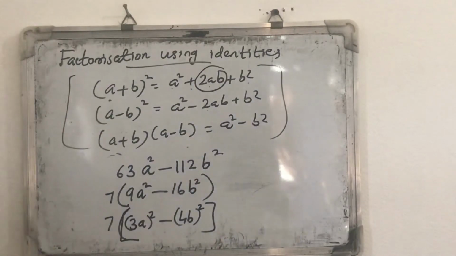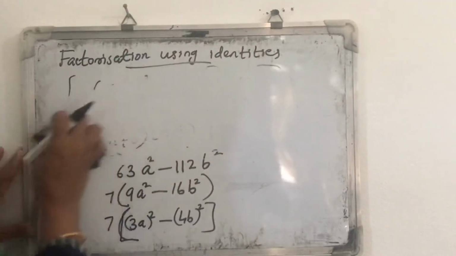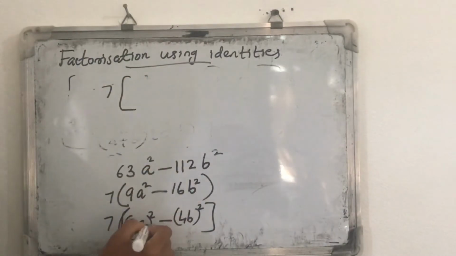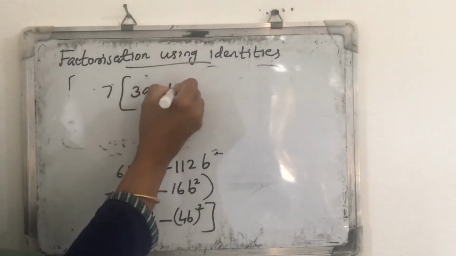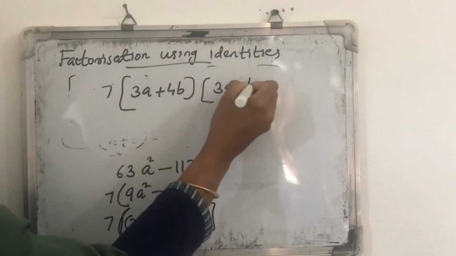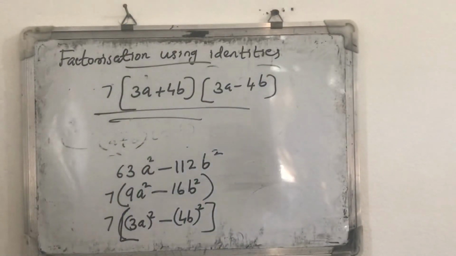Now it is in the form of a square minus b square, so 7 into 7 is already there. A square minus b square is a plus b into a minus b, so 3a plus 4b into 3a minus 4b. So this is the required factorization.